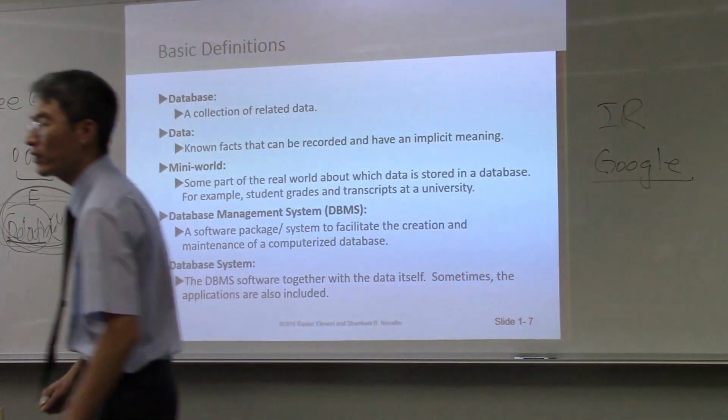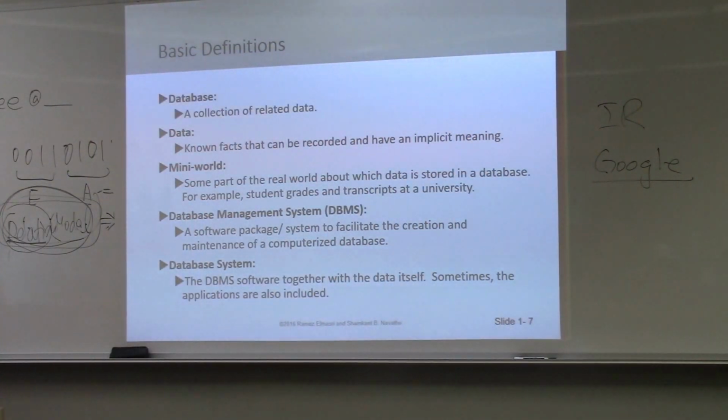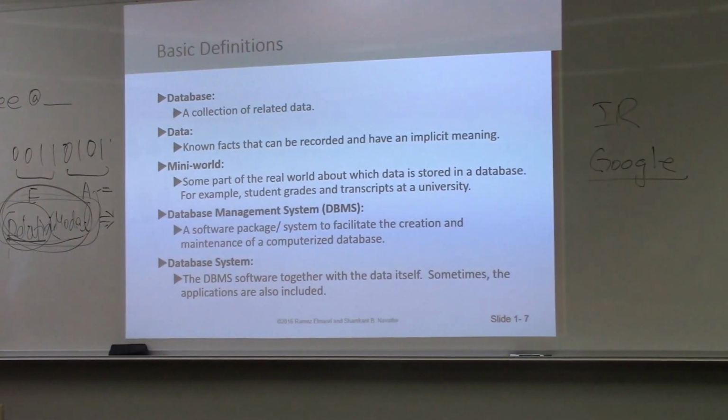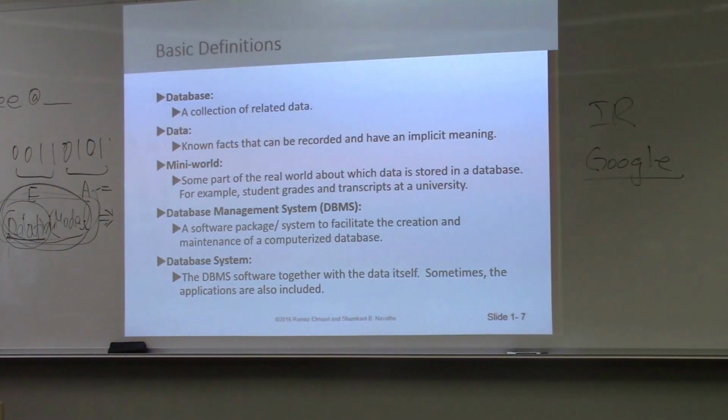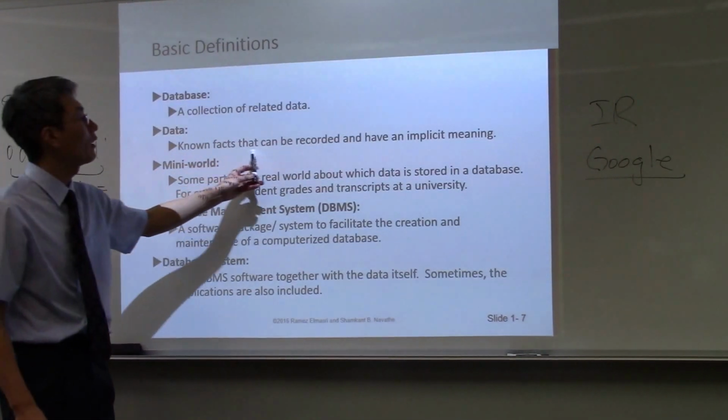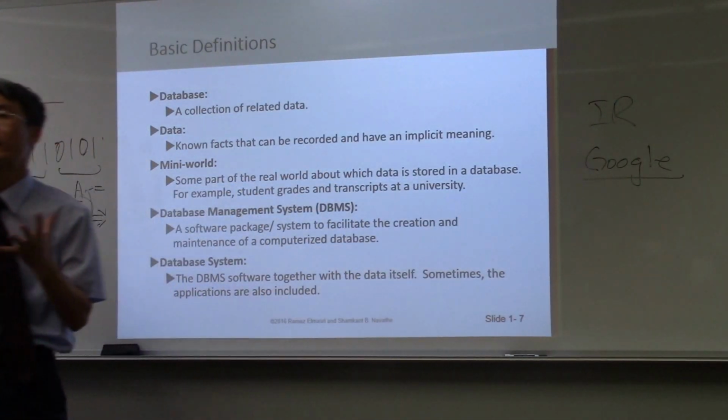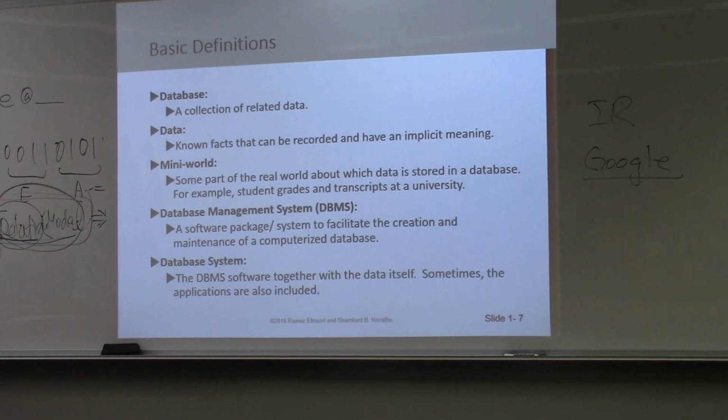So data, as we discussed before, is processed information, important information, but it has an implicit meaning. That means it's important.